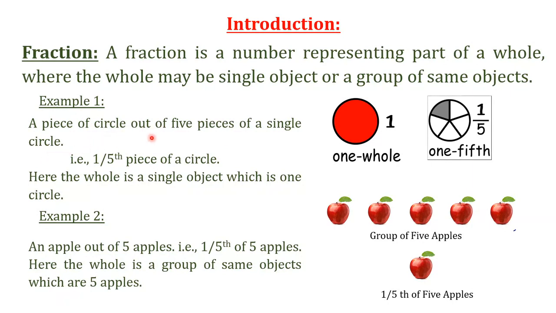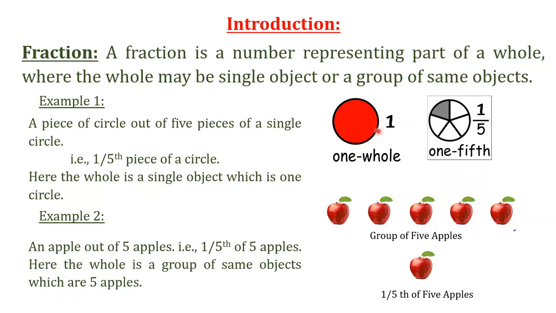A piece of a circle out of 5 pieces of a single circle, we can denote in the form of a fraction as 1/5 piece of a circle. Here the whole is a single object, which is one circle we are taking. See on the right side, this is one circle.